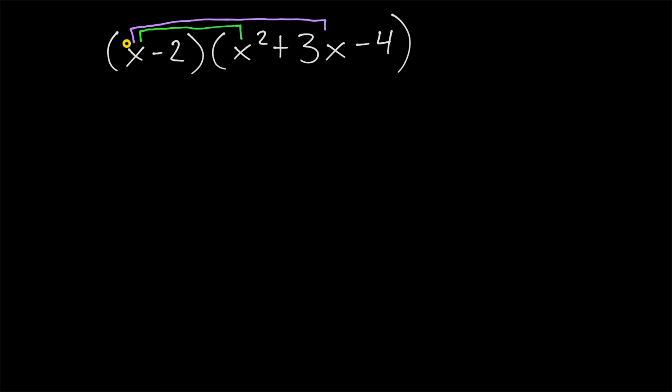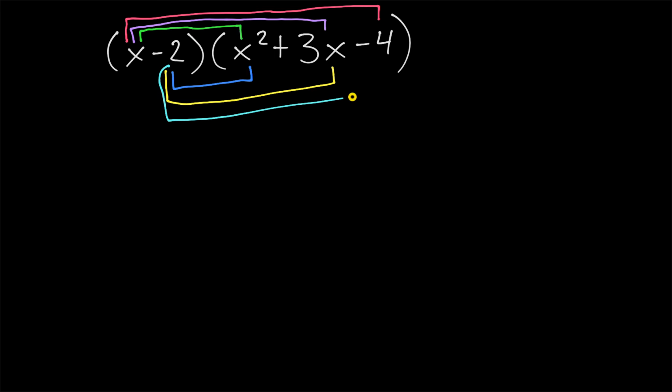To that you're going to add the product of this x and this negative 4. And to that you're going to add the product of the negative 2 times x squared. Then to that you're going to add the product of this negative 2 times 3x. And then to that you're adding the product of this negative 2 and this negative 4. So let's go ahead and see how that is going to look.